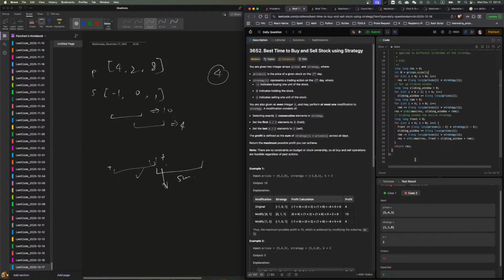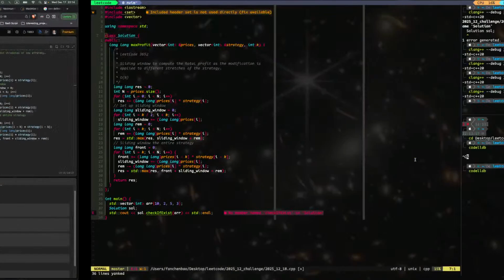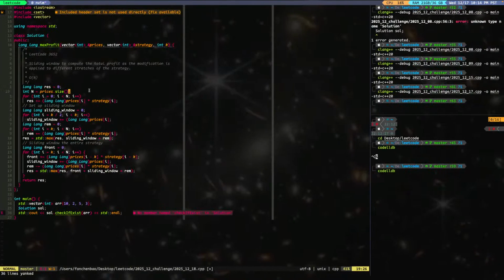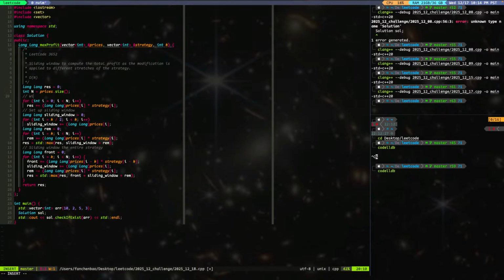So 7, right? And then remaining minus equal to dash. So front, oh, I see. Hold on. So this is without modification. Okay. Yeah, here is the issue.